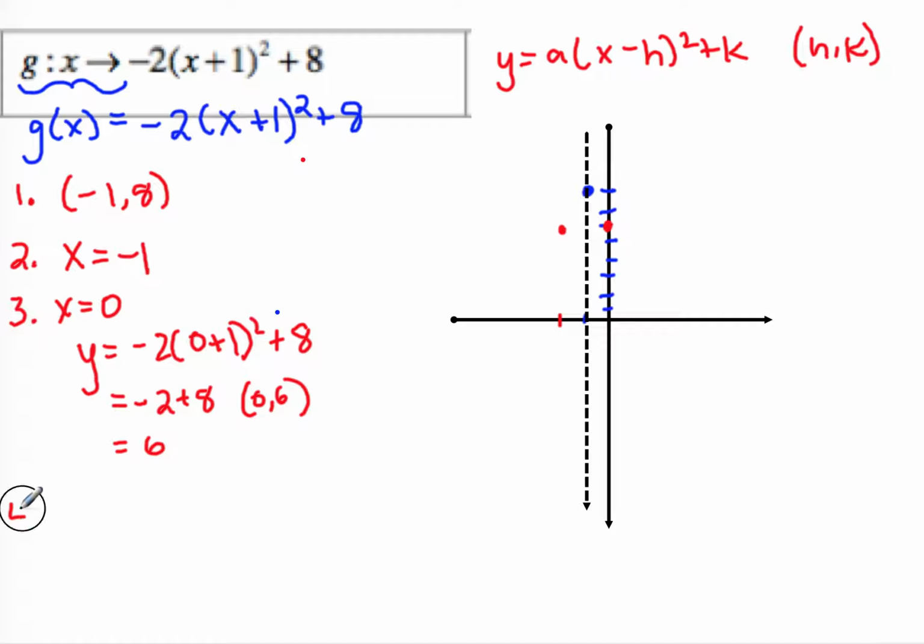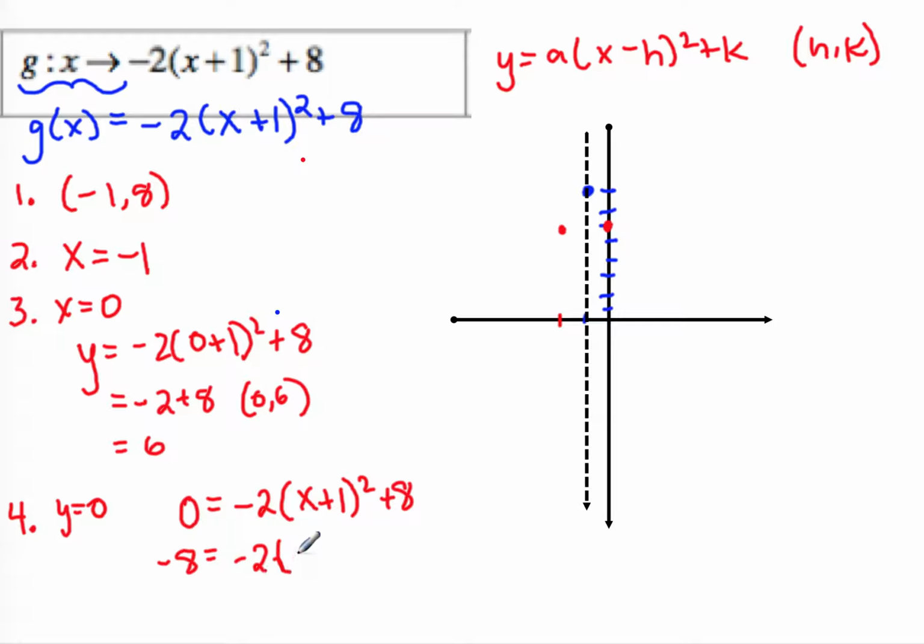Then we'll do the x-intercepts, which is when y is equal to 0, and this one's a little bit fun to solve here. We have y equals negative 2 times (x plus 1) squared plus 8. So I'll move my 8 over. So I have negative 8 equals negative 2 times (x plus 1) squared. Divide both sides by negative 2, gives me 4 equals (x plus 1) squared. To undo that square, now if I have a square of a variable, that means that variable can be positive or negative.